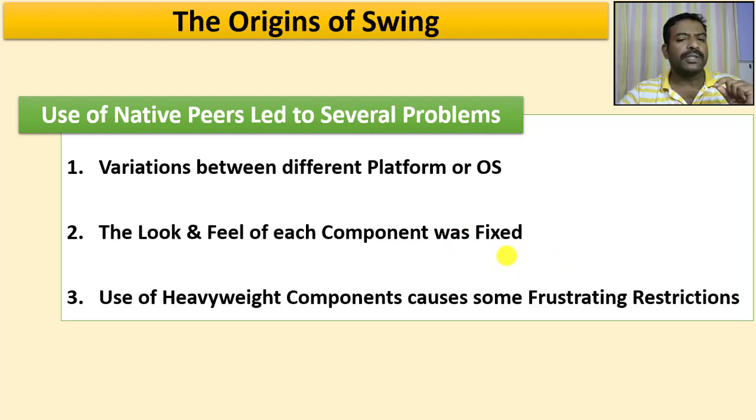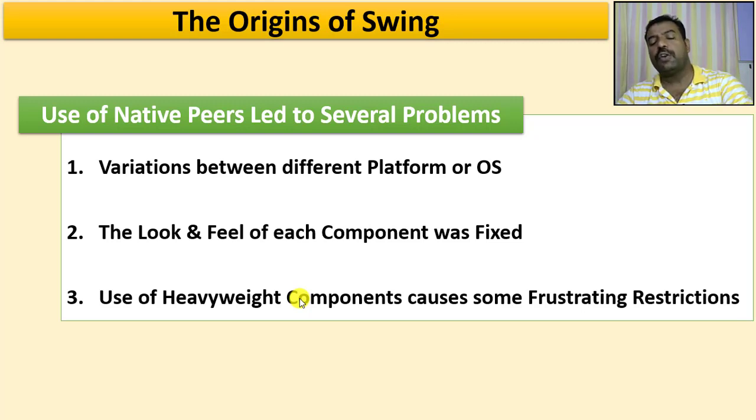And the third problem is that the use of heavyweight components causes some frustrating restrictions. Because of the interaction in Windows and Linux, what I do through my program will create a heavyweight process. In turn, I have a heavyweight component, which creates restrictions, and they are frustrating restrictions.